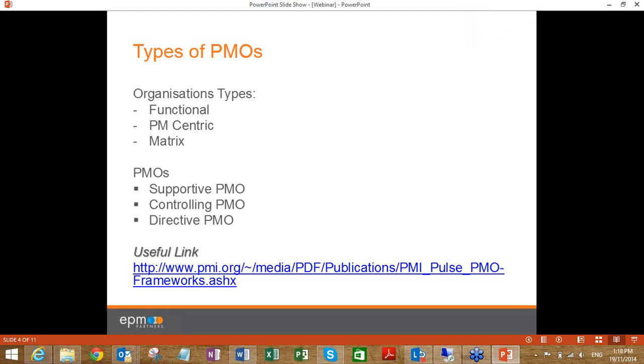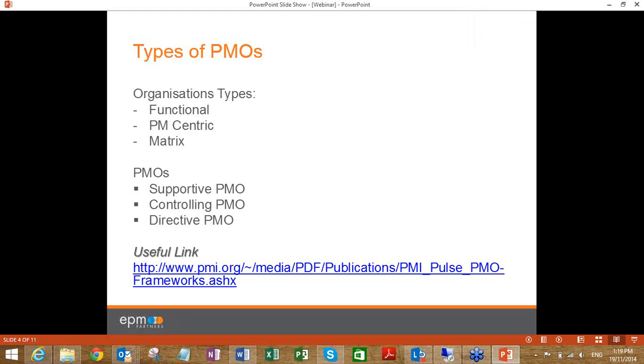A controlling PMO is a PMO that is more than supportive. Basically, it makes sure that project managers are following a certain methodology; it's a governance body. It makes sure that a project has been approved and certain forms have been filled in before the project moves from one stage to the other. That the project manager has filled in the risk analysis form and the project brief, or whatever you want to call it.